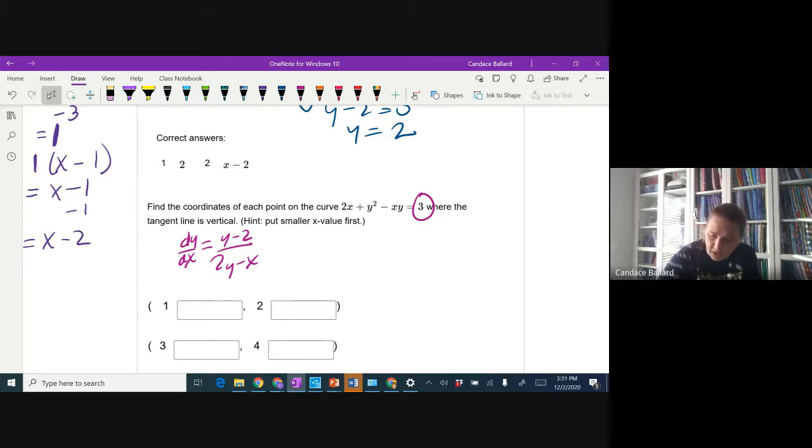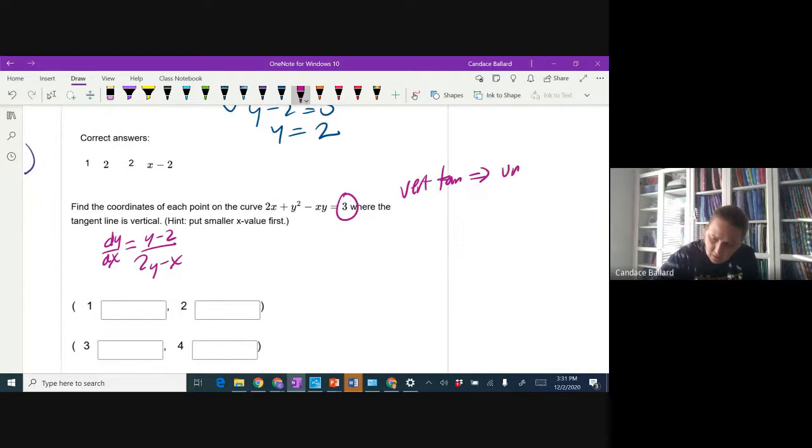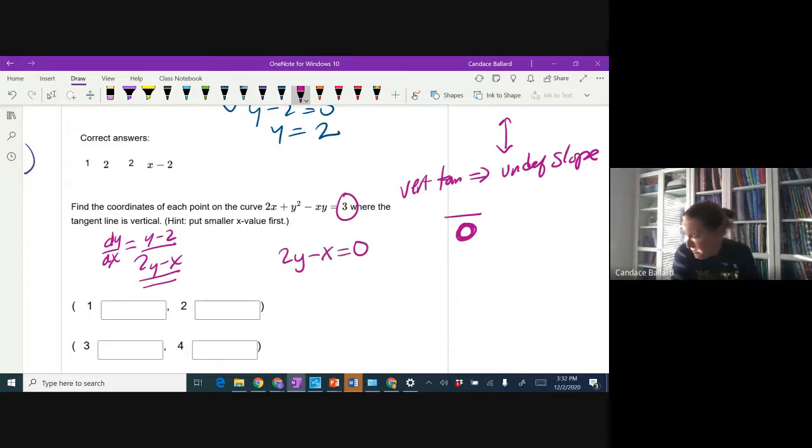Okay, so vertical tangent implies an undefined slope. If I have an undefined slope, that means I've got a vertical line, which means that I've divided by 0. Okay, so really where I would have a vertical tangent is where this denominator is equal to 0. So I'm going to set the denominator equal to 0.